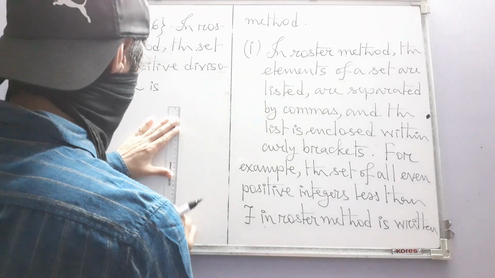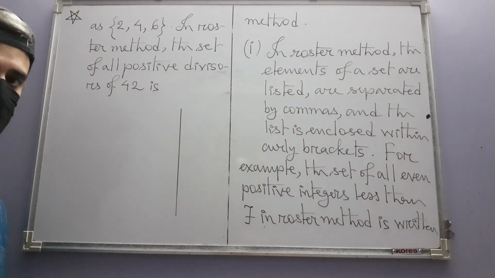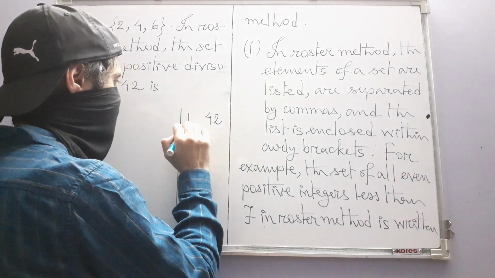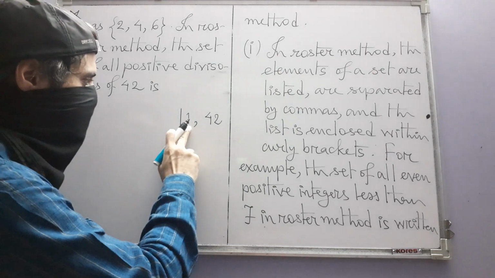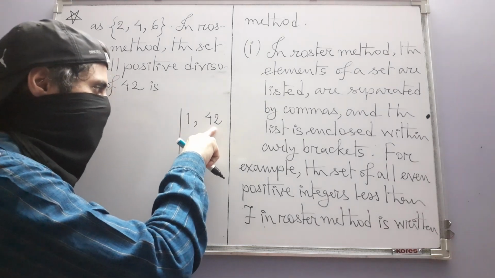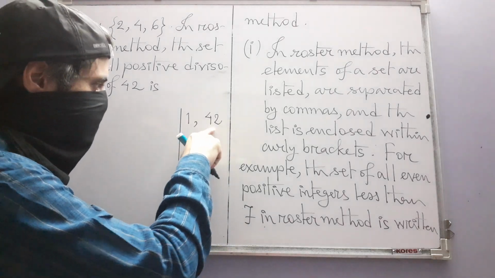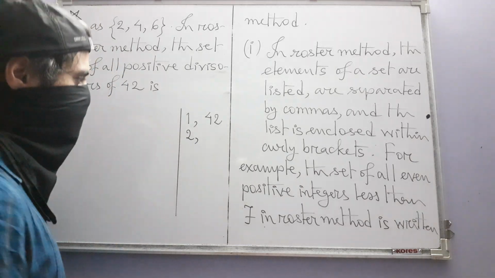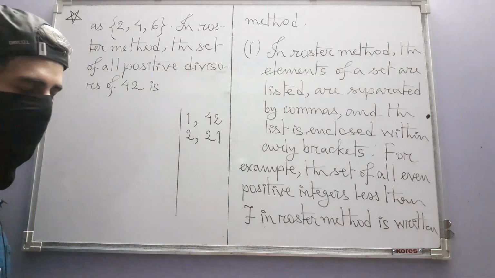So what do we do when we are to find all the positive divisors of a given number? You start with 1. 1 of course is a positive divisor. 1 divides everything. So 1 also divides 42. Whenever you get one positive divisor, you divide the number by that positive divisor, you get another one. Divide 42 by 1, you get 42 itself. The next one is 2. 2 divides 42. Divide 42 by 2, you get 21. So this is another divisor.